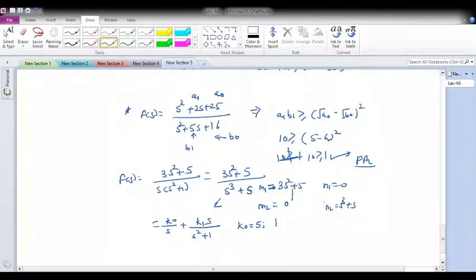And what about k1? If I would like to find k1, you take f of s divided by s at s square equal to -1, so it will be -1, so it is coming -2 here.